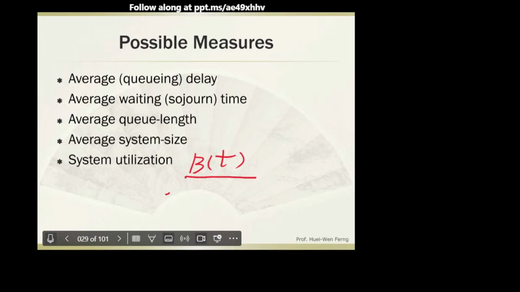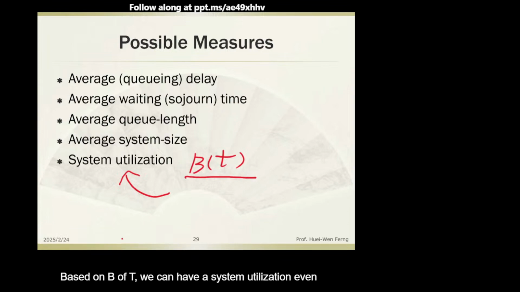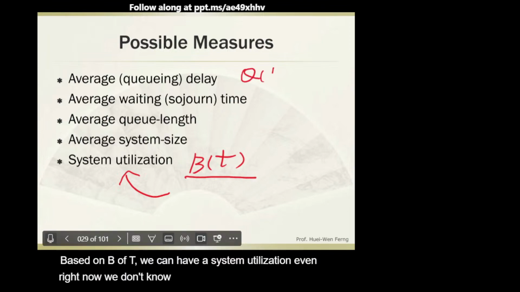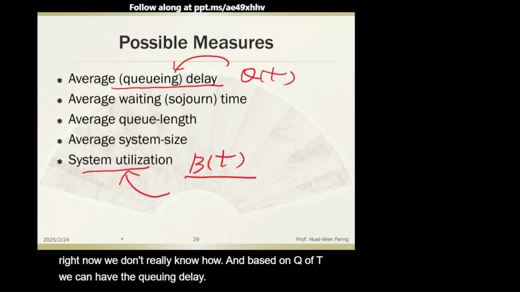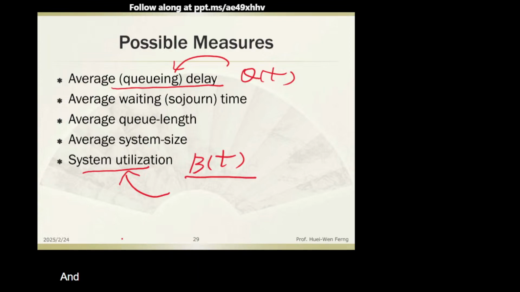Based on B of t, we can have system utilization. Even right now, we don't really know how. And based on Q of t, we can have the queuing delay. And waiting time, how is waiting time or sojourn time different from queuing delay?